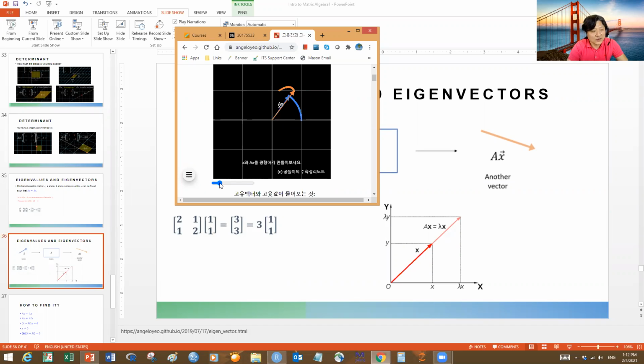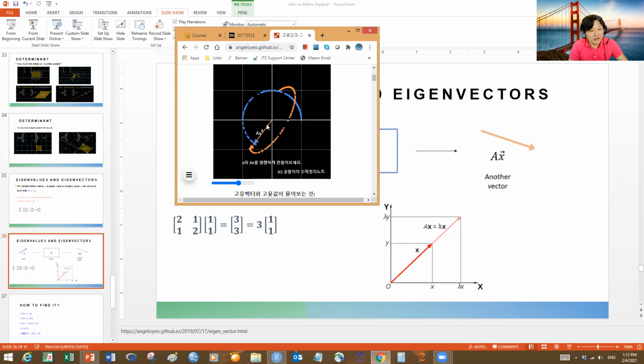Okay, so this way, this way, this way, I multiply all different vectors, and then at some point I have another overlap, right? So I can have another eigenvector. In this case, how many eigenvectors can you have? 2, right?